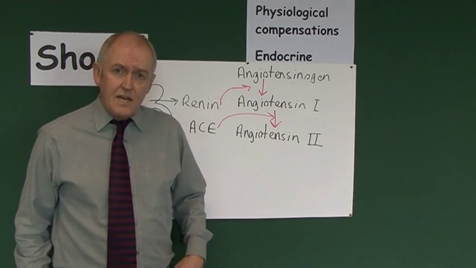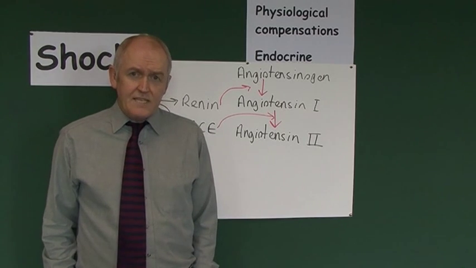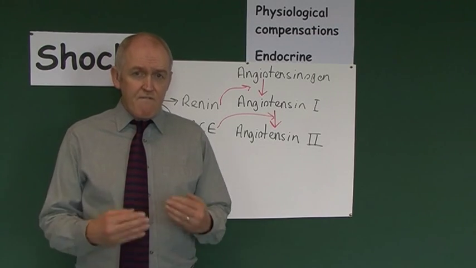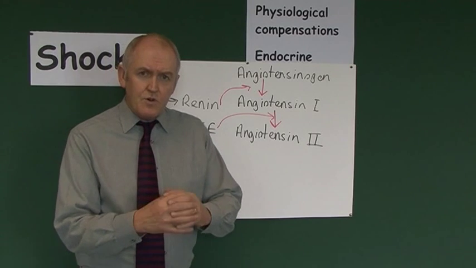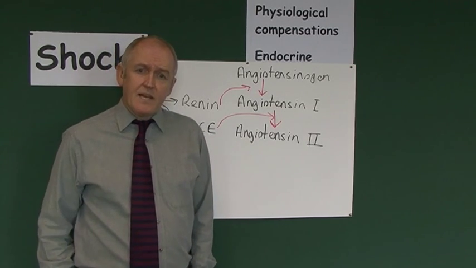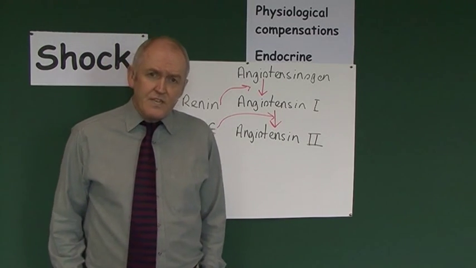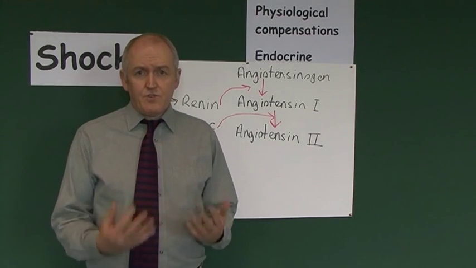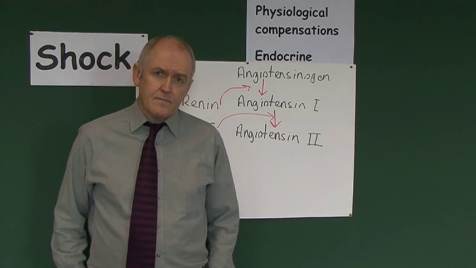Like angiotensin type 1, angiotensin type 2 stimulates the adrenal gland to produce more aldosterone. But it does it very much more than angiotensin type 1. So the adrenal cortex is producing quite a lot of aldosterone when it's stimulated by angiotensin type 2. That increases tubular reabsorption of sodium, that increases reabsorption of water, and that helps to increase blood volume.